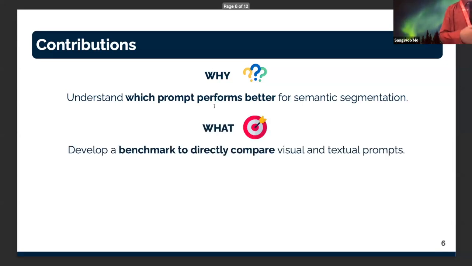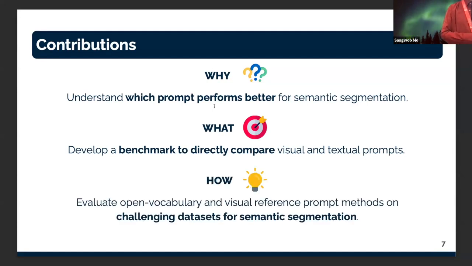To do this, we developed a benchmark that compares the two modalities directly. We evaluate a bunch of open vocabulary methods and a bunch of visual prompt reference methods on challenging datasets for semantic segmentation.